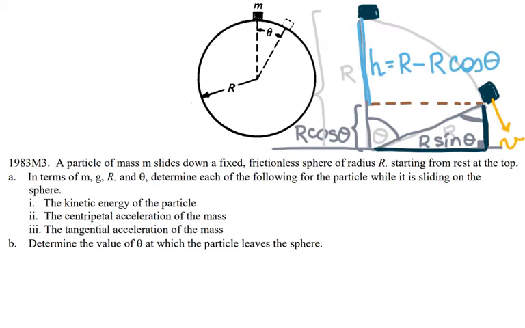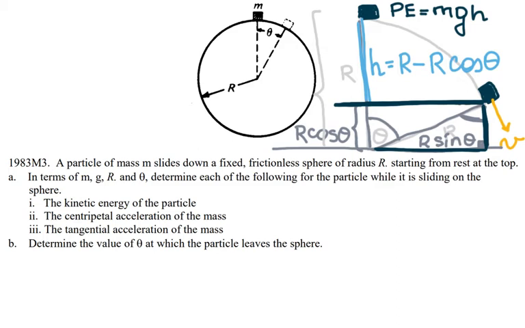And on the top of the sphere, the mass had potential energy, which is mgh, compared to the position at this height. Let's say that at this height, the potential energy is 0.